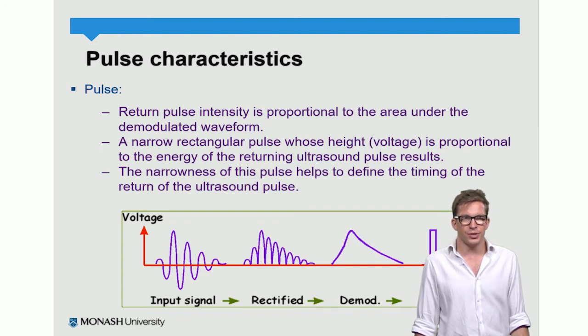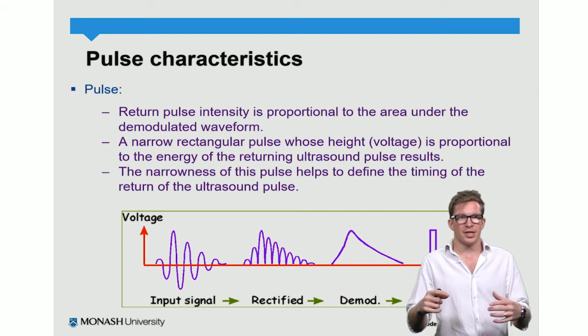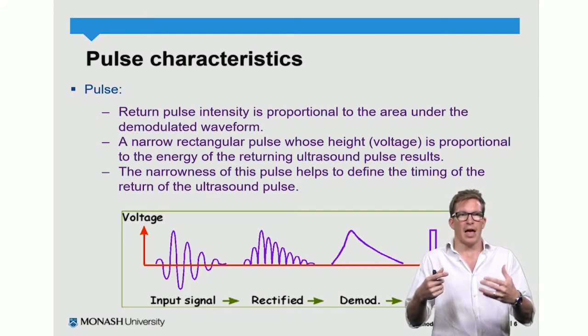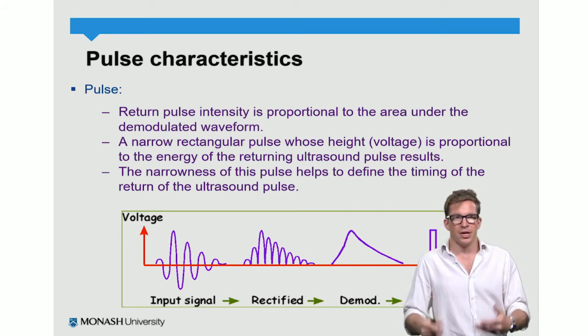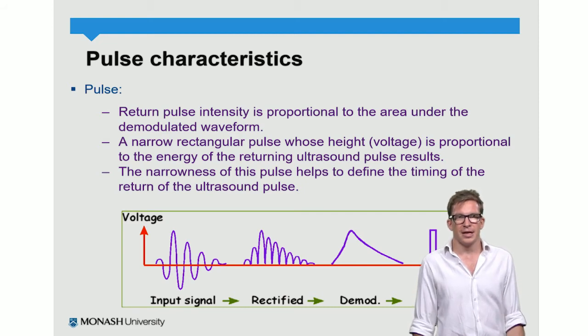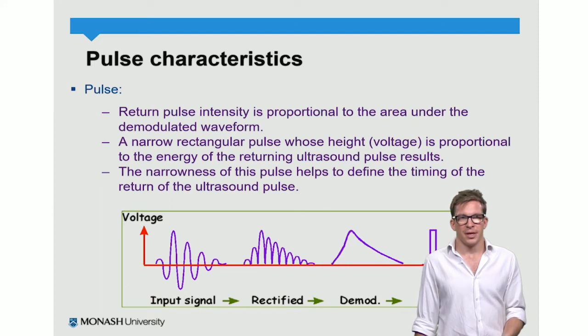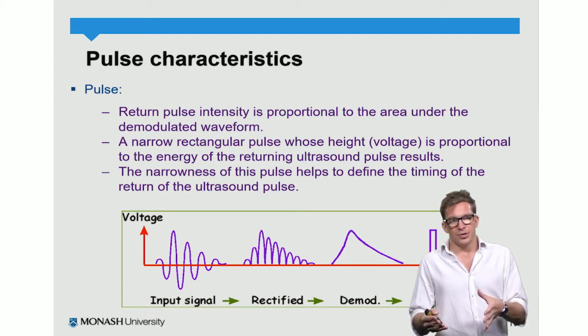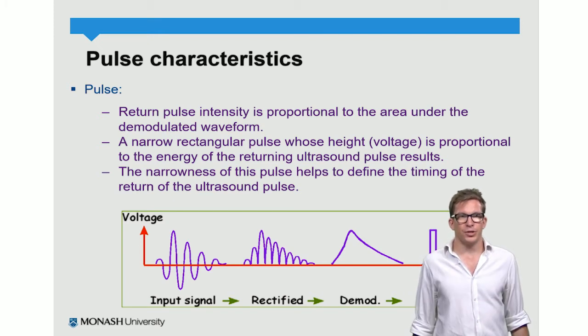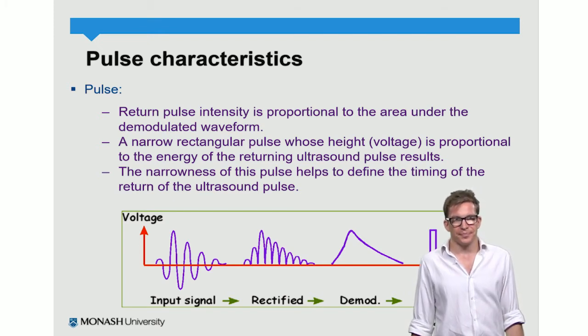So the first thing we do is what's called rectification, and all rectification means is keep the positive parts positive and also make the negative parts positive. So you can see the next waveform there is a form of the first waveform, but it's all positive. So the next thing we need to do is then capture the total area of that pulse, and the way we do that is called demodulation.